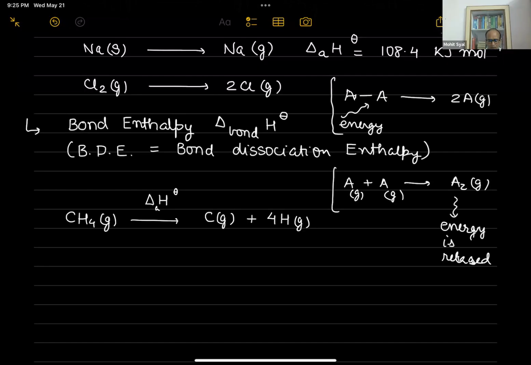But there is one more thing happening while completely converting it to atoms: you are breaking 4 bonds. Four carbon-hydrogen bonds are being broken, then only will methane get completely converted to atoms, which include one carbon atom and four hydrogen atoms.